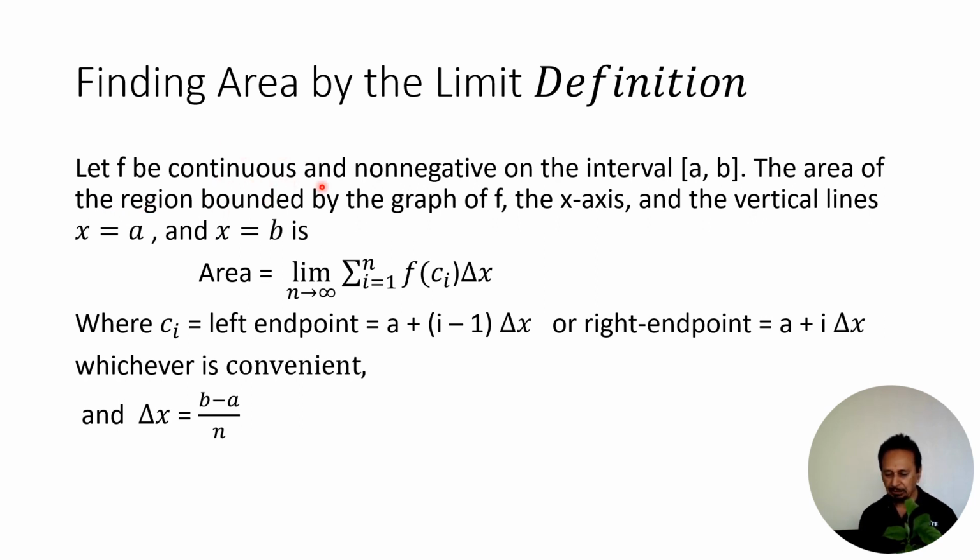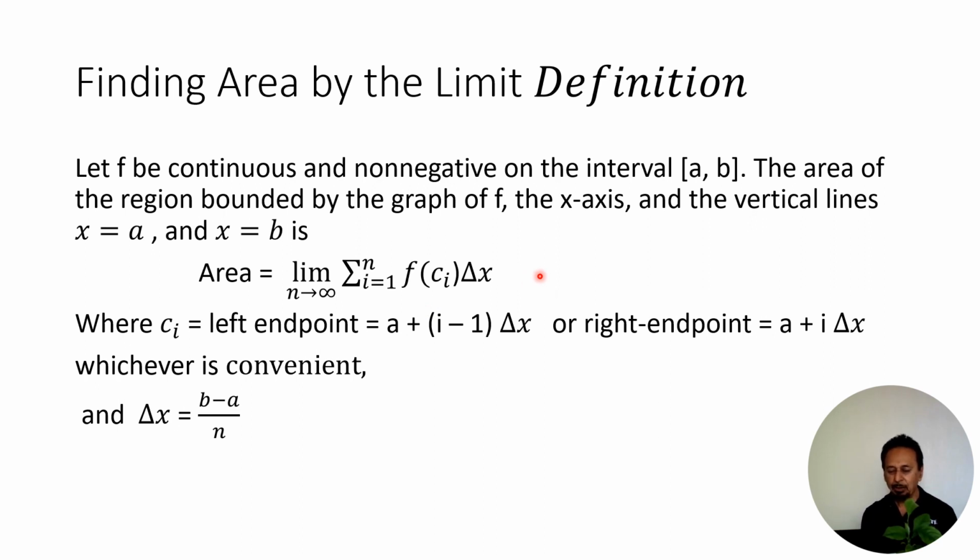If a function is continuous, the function has to be continuous, there shouldn't be any break in the function, and non-negative on any interval [a, b], the area of the region bounded by the graph of f, the x-axis, and the vertical lines x equals a and x equals b, as you saw before in the pictures, would be the sum of f of c sub i times delta x, i from 1 to n, and we're going to take the limit as n approaches infinity.